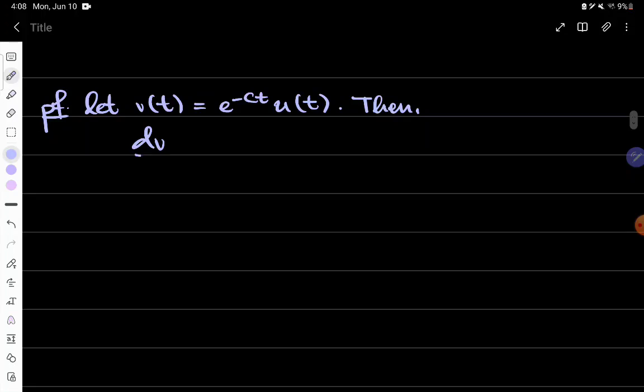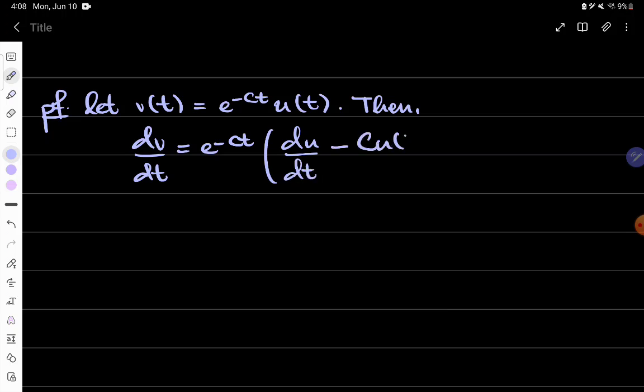So dv/dt, when we apply the product rule and chain rule, is going to be, of course, e to the minus ct times du/dt minus c times u of t.